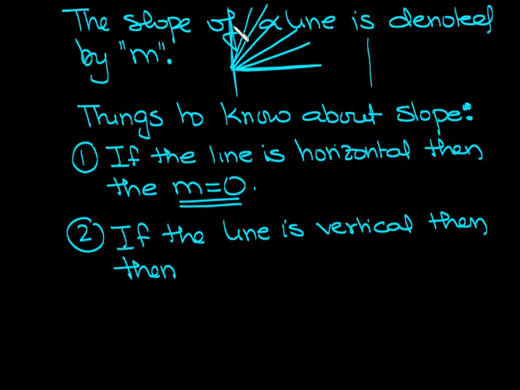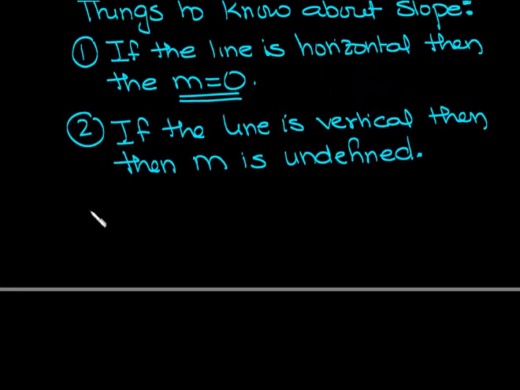Because you cannot calculate something like that, because it's completely steep. If the line is vertical, then the slope m is infinite, or we say it's undefined. And I'll tell you mathematically why that is in a second too. That's a nice thing to know about those two things about the slope.